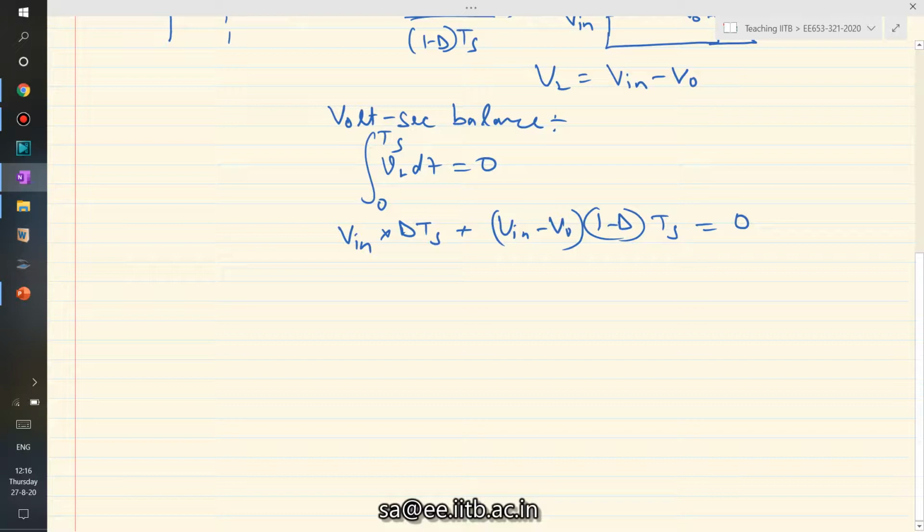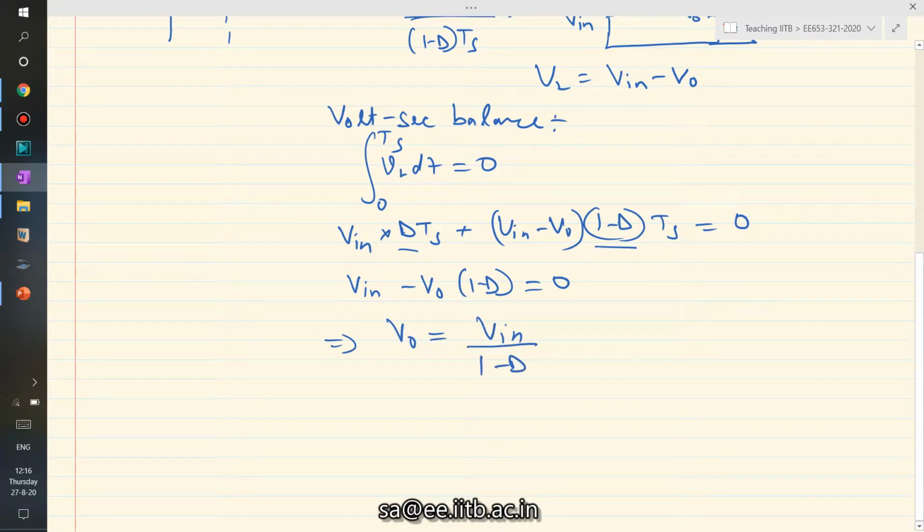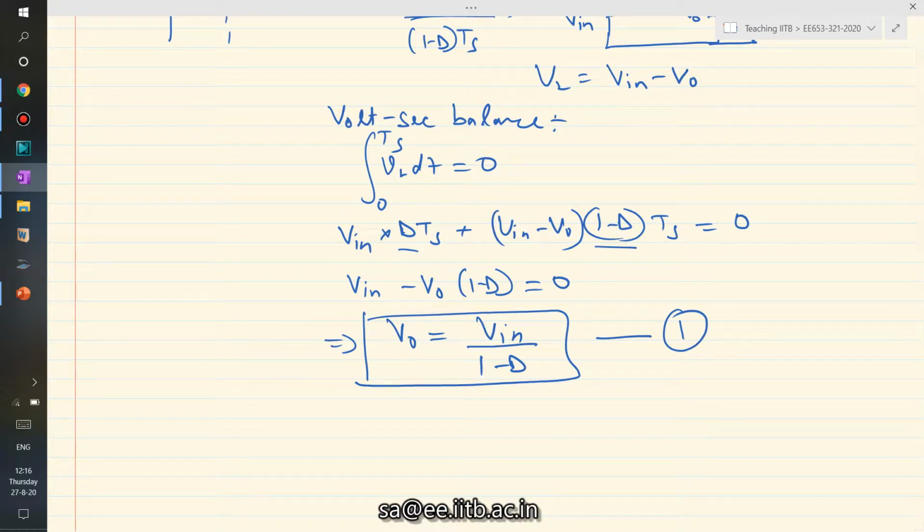Now I can simplify it: Vin d plus (Vin minus Vo)(1 minus d) equals 0, which gives Vin minus Vo(1 minus d) equals 0, so the output voltage is equal to the input voltage divided by (1 minus d). This is the steady state relationship between the output and the input voltage in a DC to DC boost converter.